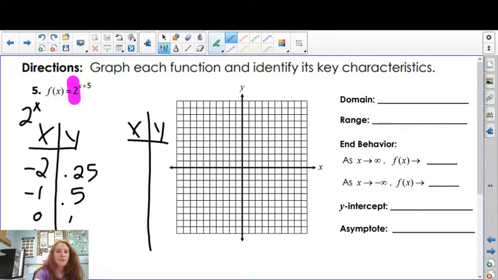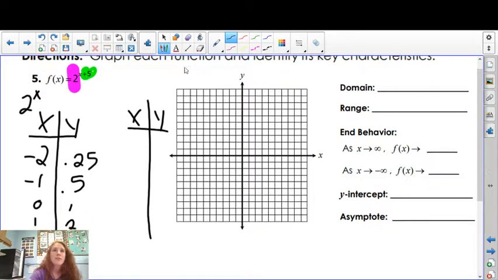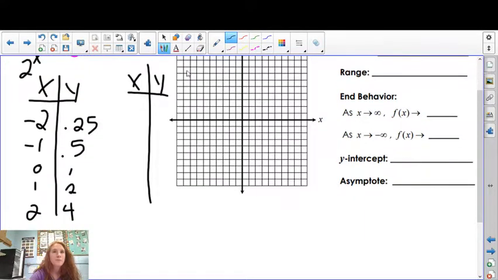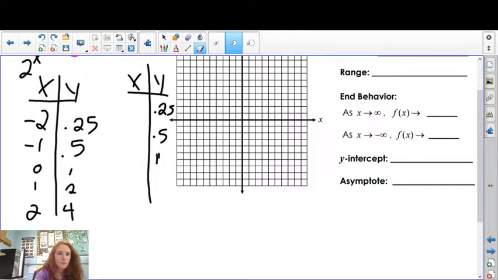Then I'm going to identify how this is going to change. Well, I see I have some stuff in the exponent. So I'm going to change it with green, so green is going left and right. Since I am only going to go left and right, my y values are going to stay the same right now. So it's going to be 0.25, 0.5, 1, 2, and 4.